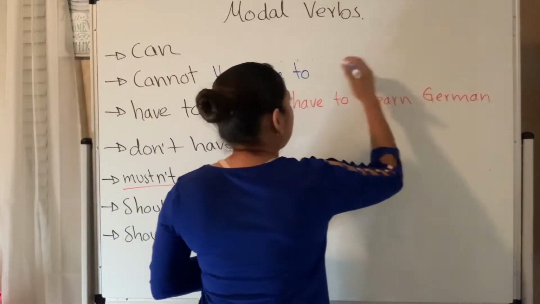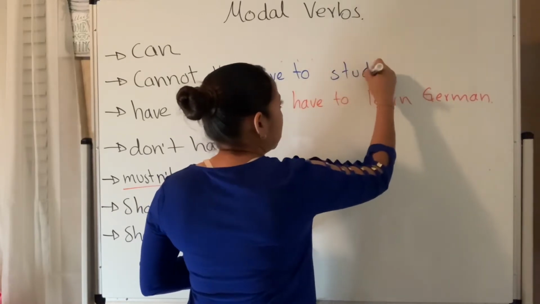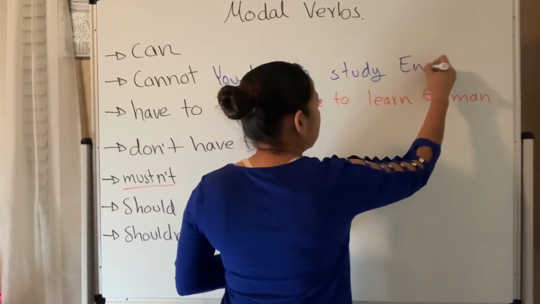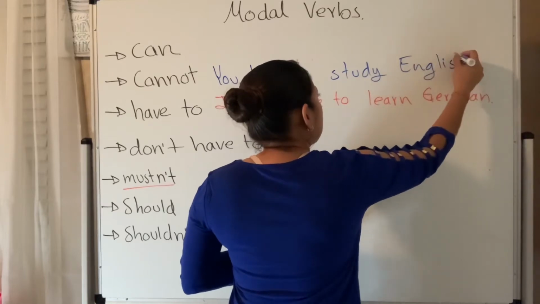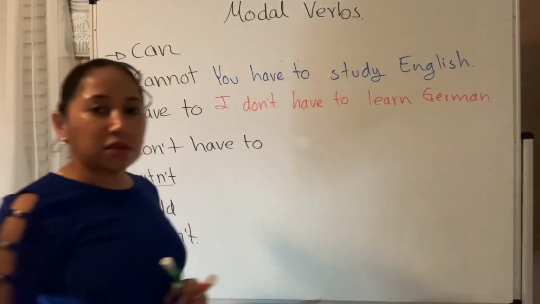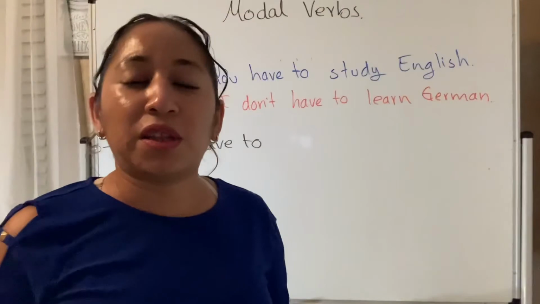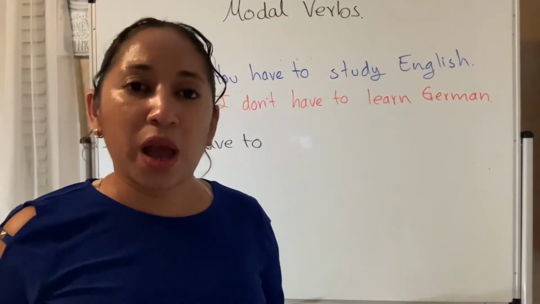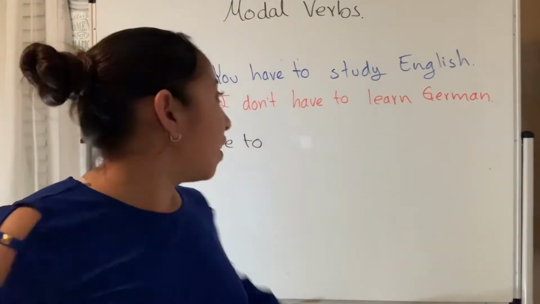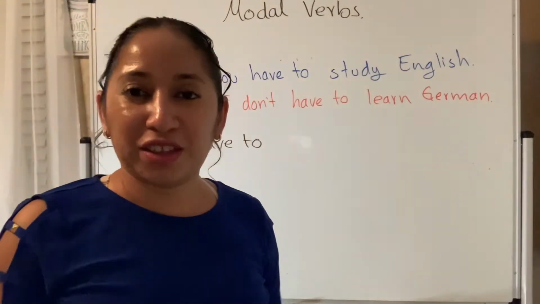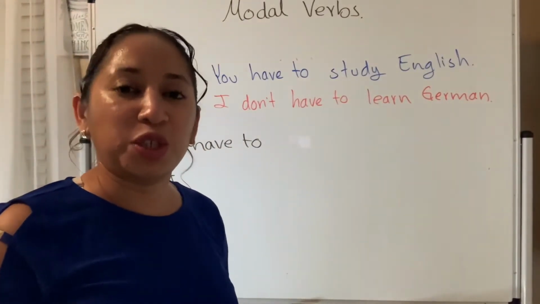You have to study English. In this case, this is a strong obligation, something that you have to do. You have to study English. Then, I don't have to study, I don't have to learn German.